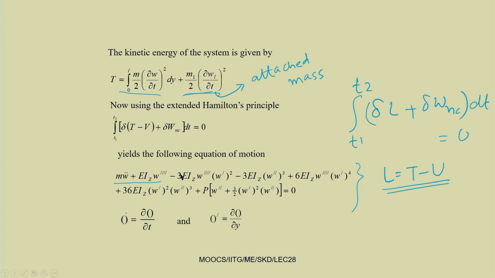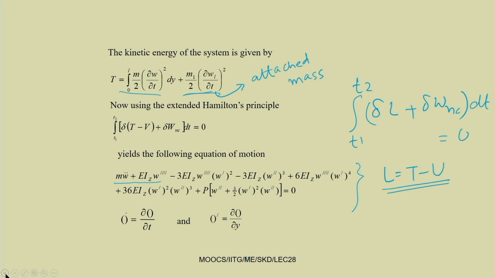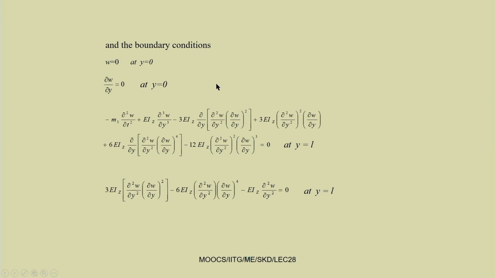Now, similar to the previous case, when applying this extended Hamilton principle, in addition to this governing equation you can get the boundary conditions also. So, these are the boundary conditions. At y equal to 0, w equal to 0, and also the slope equal to 0, that is the fixed end.